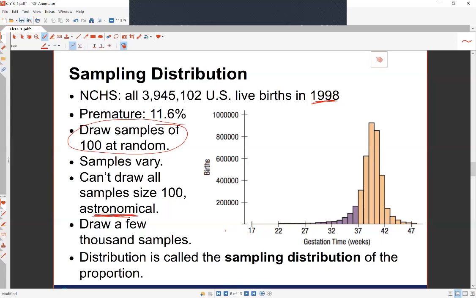That number is astronomical. Like, it has so many zeros, I'm not even going to try and write it down here. It is impossible to take every single conceivable sample of size 100. But we can draw a few thousand samples, and that is then an approximation to our sampling distribution.